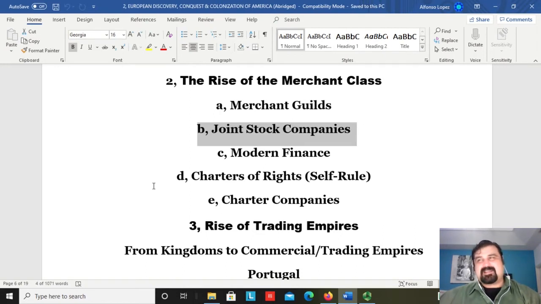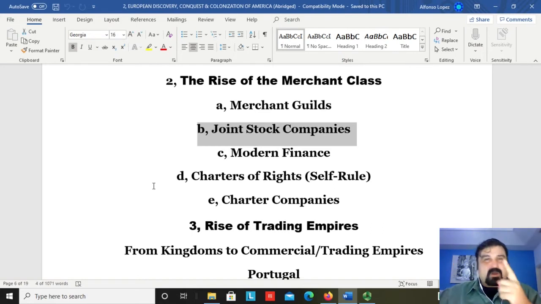Joint stock means that merchants who had significant wealth, who had been building wealth for a few generations based on trade, are now coming together, each sharing a share of their wealth in order to blend it or mix it with the wealth of other merchants to create a larger group, a larger entity.